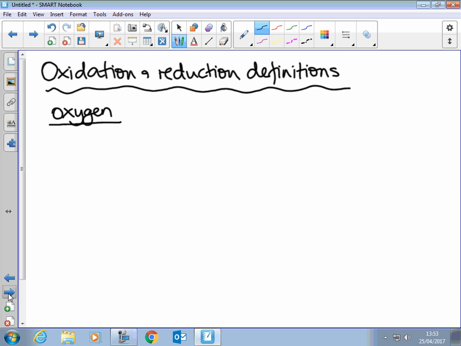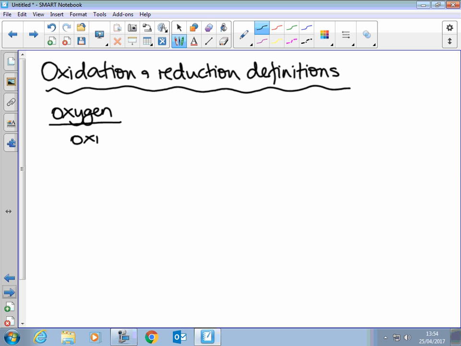That can get very confusing, trying to work out which one is the agent or which one is being affected. So just take care with it. We don't use these sort of definitions generally now, but they can help.